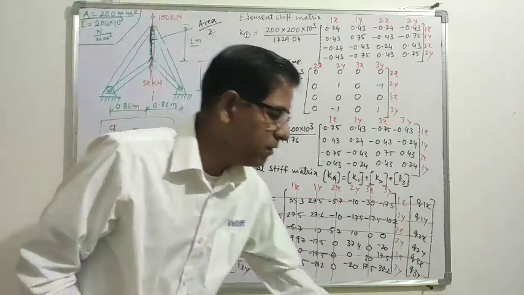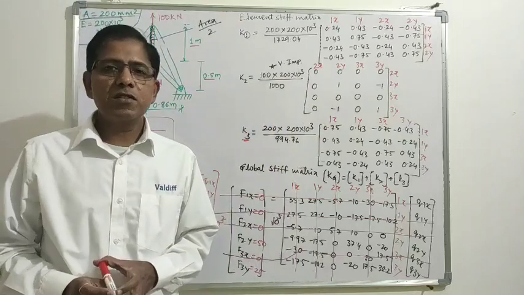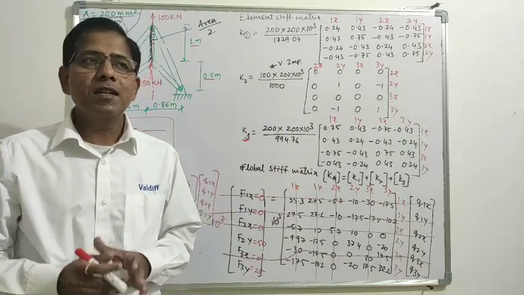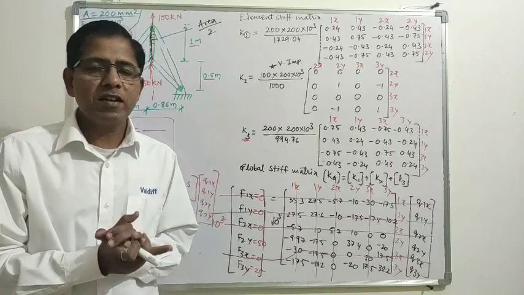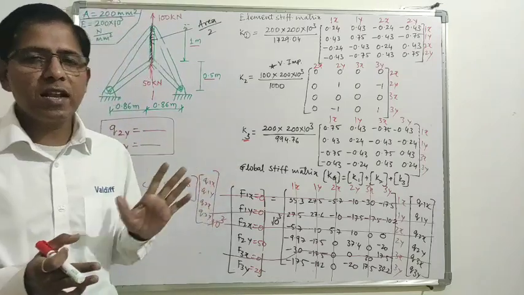So here we have seen how a symmetric truss problem can be divided into two symmetric, similar parts, and only half the part needs to be analyzed.